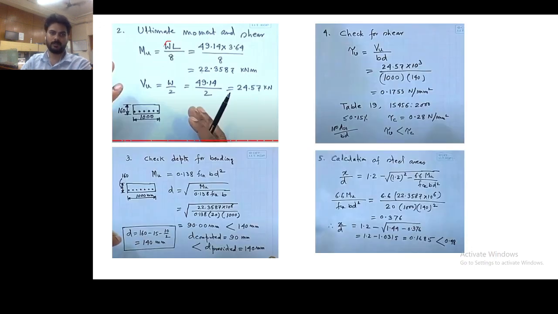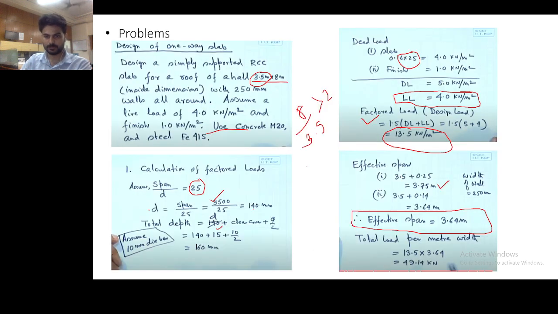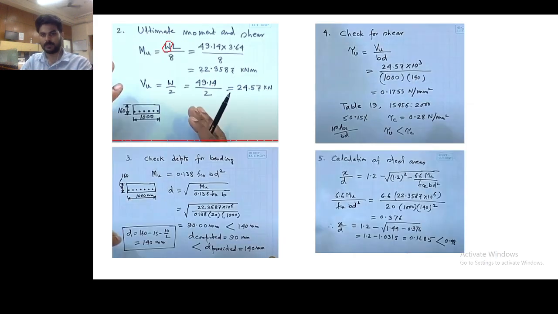So this big W we have already calculated, right? This is big W, which is small w into L. So we will directly use the formulas we know: Mu is equal to WL by 8 and V is equal to W by 2.